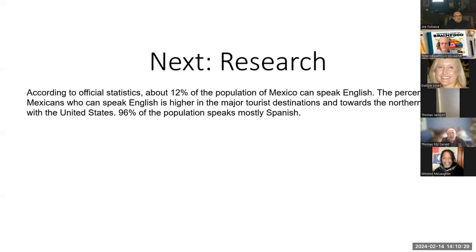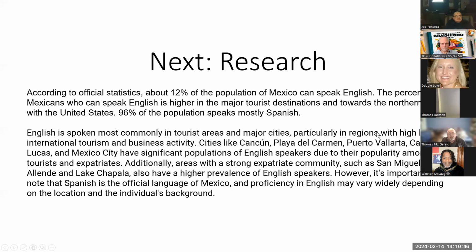The percentage of Mexicans who can speak English is higher in the major tourist destinations and towards the northern border with the United States. 96% of the population speaks mostly Spanish. English is spoken most commonly in tourist areas and major cities, particularly in regions with high levels of international tourism and business activity.